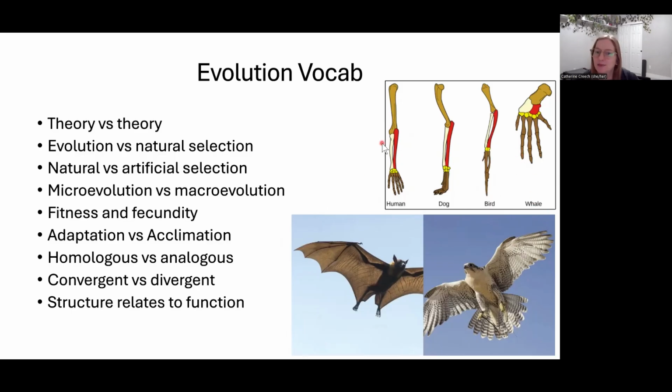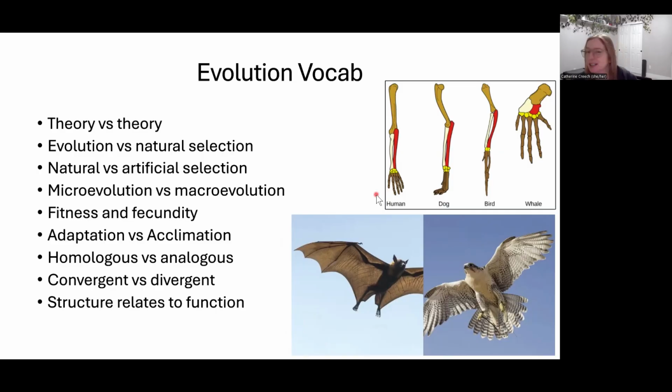In each of these forelimbs, we see the same structure, one humerus, a radius and an ulna, all of your carpal bones, and then your phalanges. So this pattern has been retained over time. It is a similar pattern in everybody that's related. These are homologous structures.